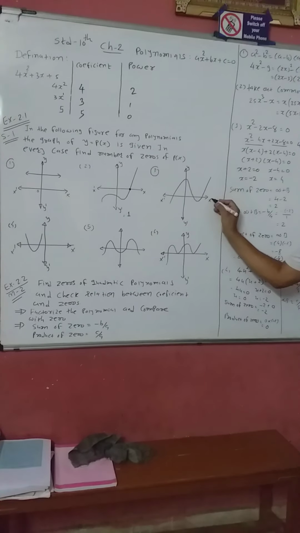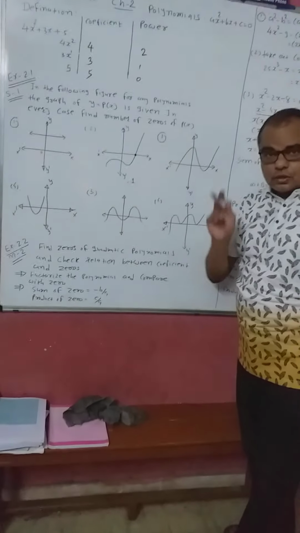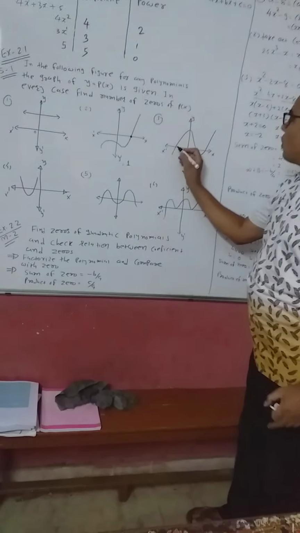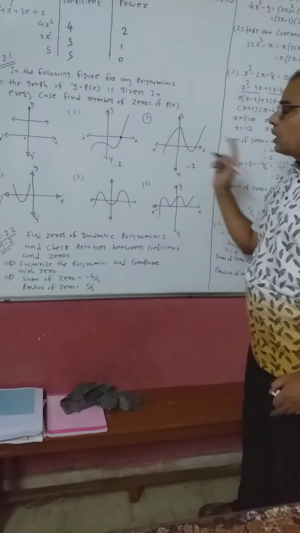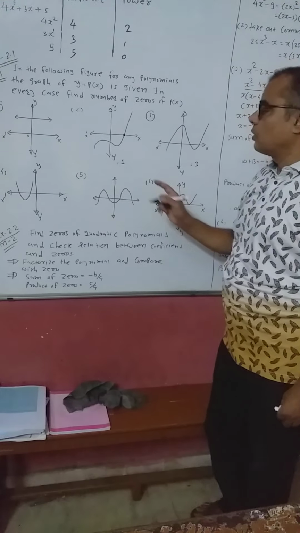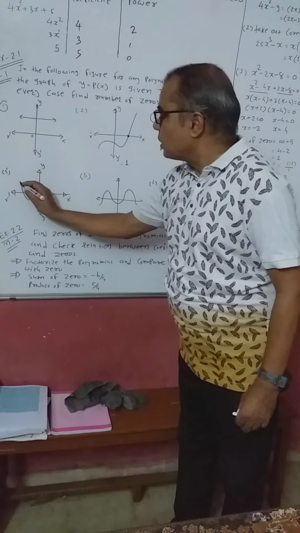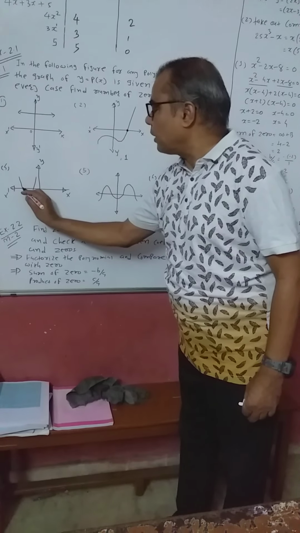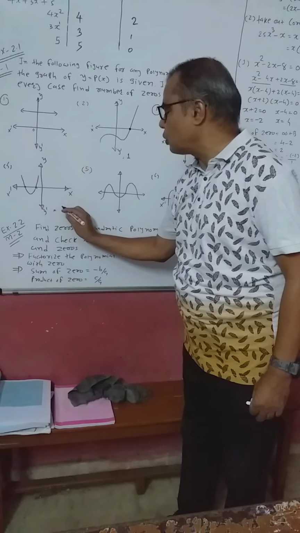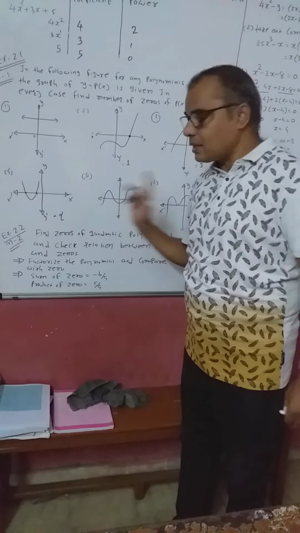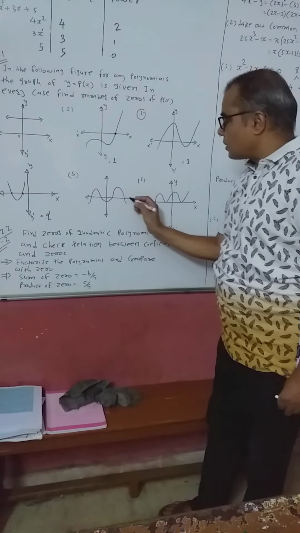This is the x-axis. You have to see only the x-axis. Don't look at the y-axis. So 1, 2 and 3. It means it has 3 zeros, right? This is the fourth graph. This parabola intersects at 2 points, one here and one here. It means it has 2 zeros. This is your answer, right? Now this is the x-axis.